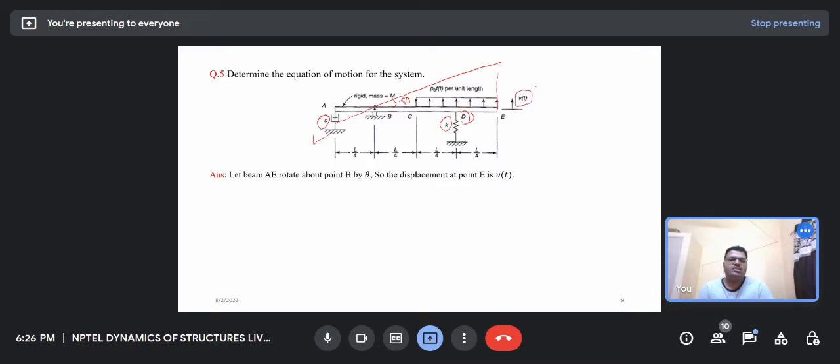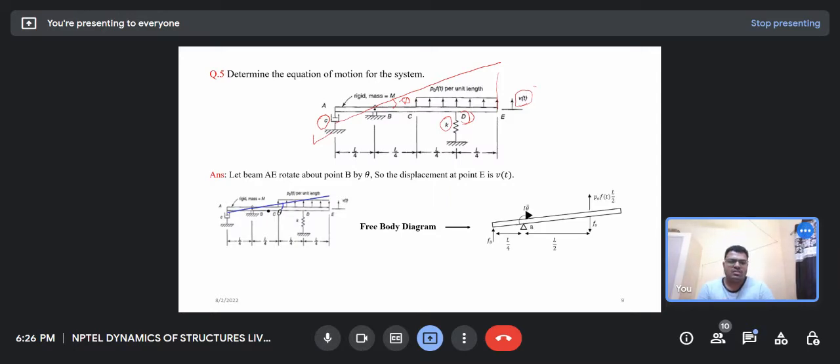If the displacement at point E is Vt, as given in the question, let the rotation at the point B be theta. This is the same problem, same figure, and the free body diagram is this. From here, that is the Vt.